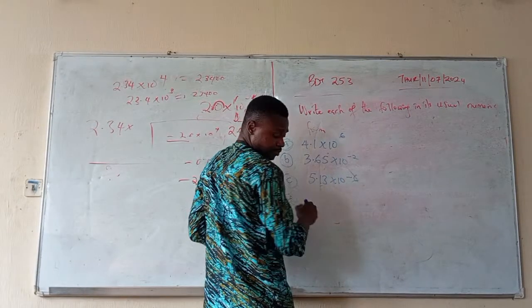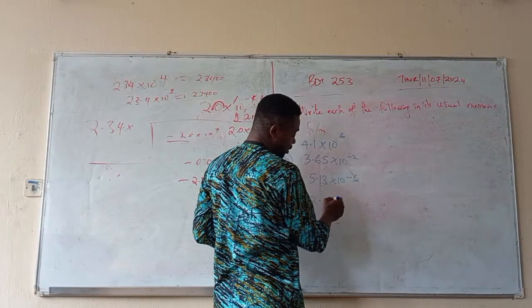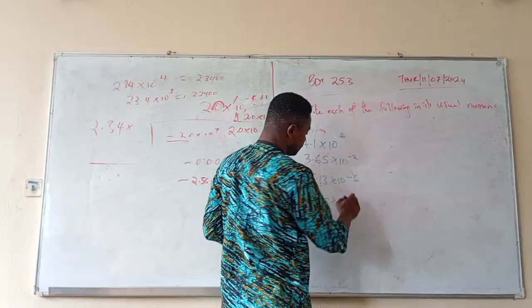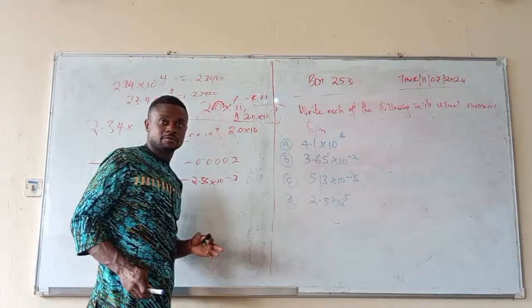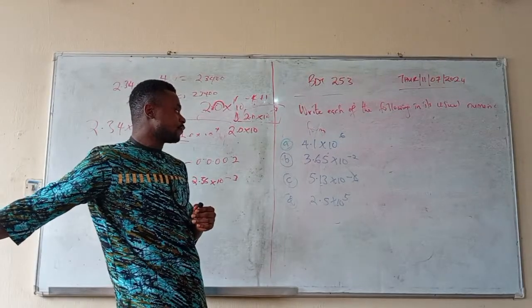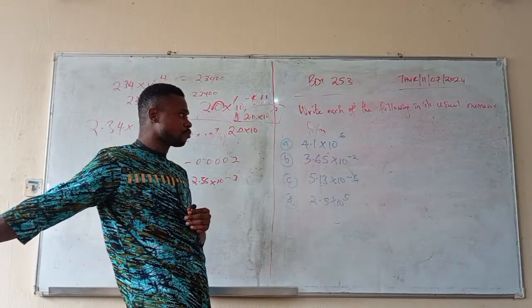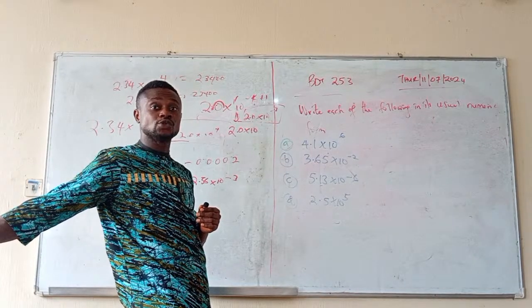Then D, 2.5 times 10 to the power 5. So these numbers are in the exponential form. So we move them to what? The numeric form.